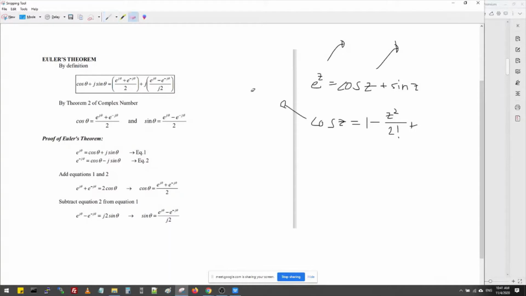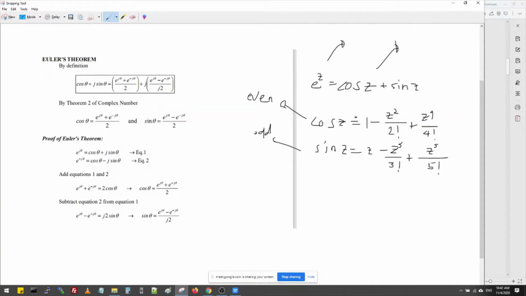This is the even part. Then for sine, we have the odd part: z minus z cubed over 3 factorial, plus z raised to 5 over 5 factorial. You will see this later in our topic on power series, the Maclaurin and Taylor expansions.